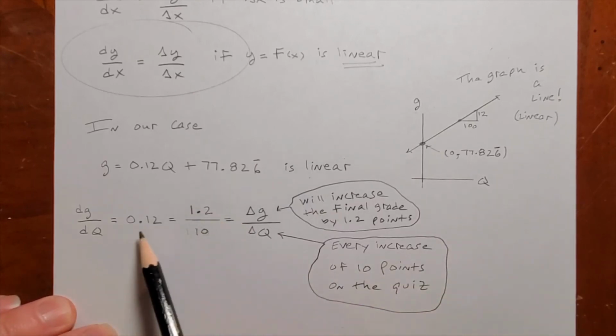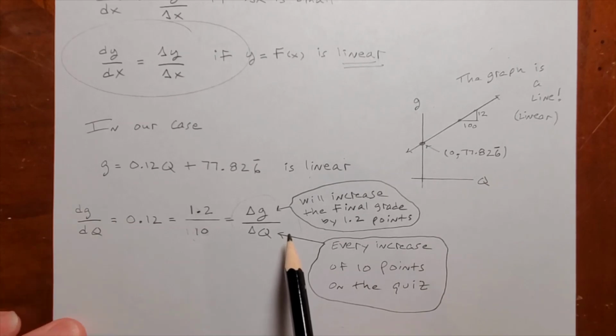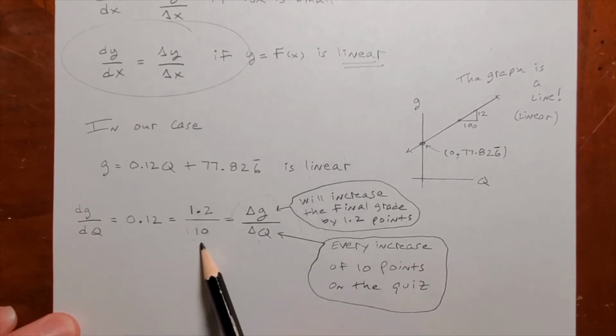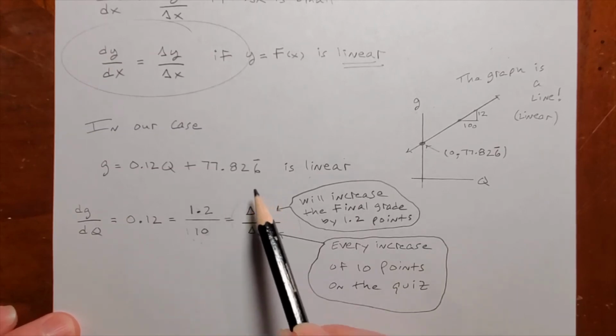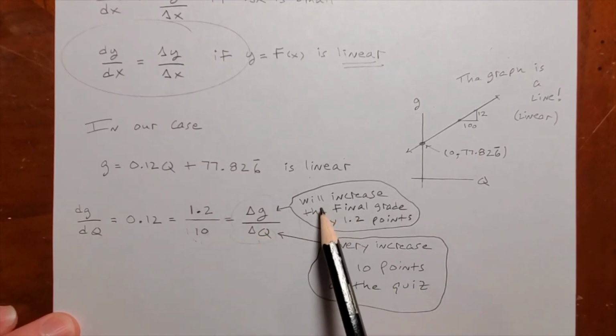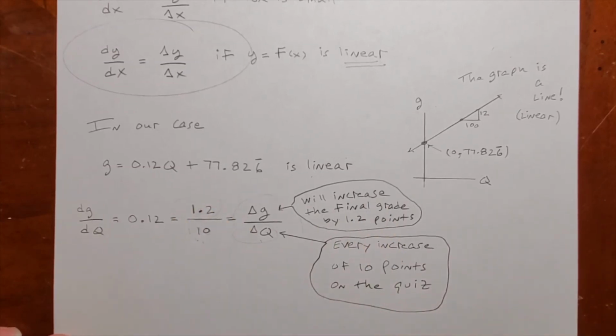But if the derivative is equal to the average rate of change, any average rate of change, then that means that if delta Q is 10, delta G will be 1.2. Well, what's that mean? It means every increase of 10 points on the quiz, delta Q, will cause an increase in the final grade by 1.2 points, delta G. Okay? Or any other way you want to do this.